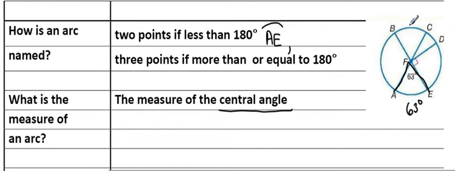So another example could be BD. So from B to D is less than 180, so we only need 2 points to represent that arc.